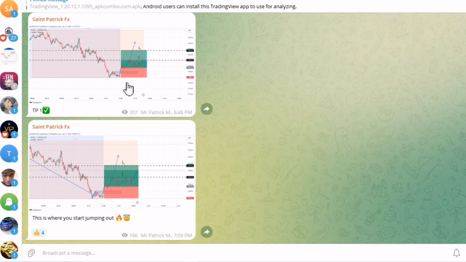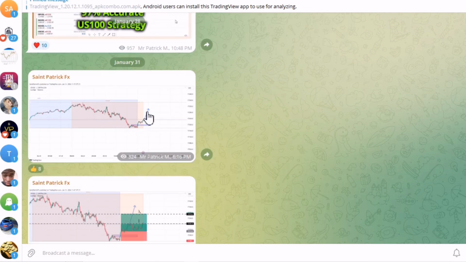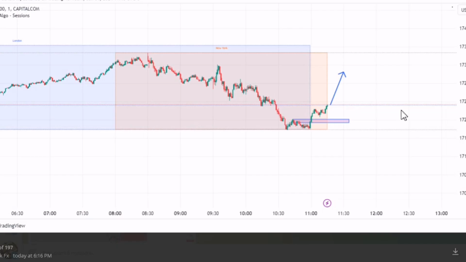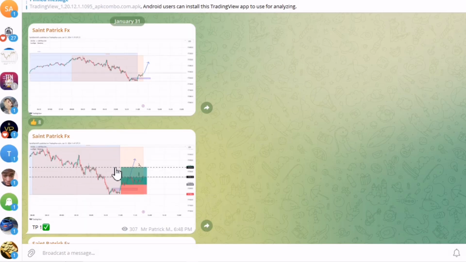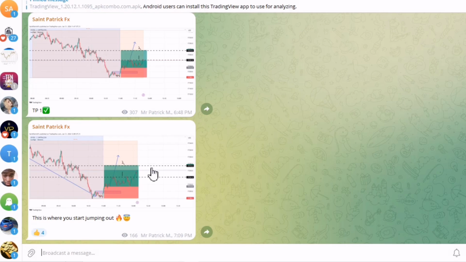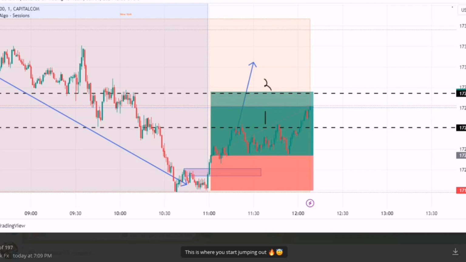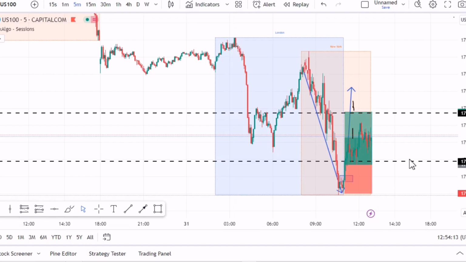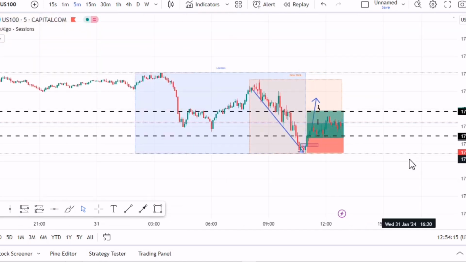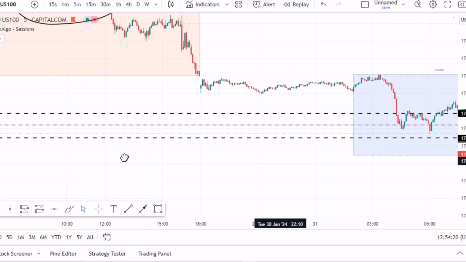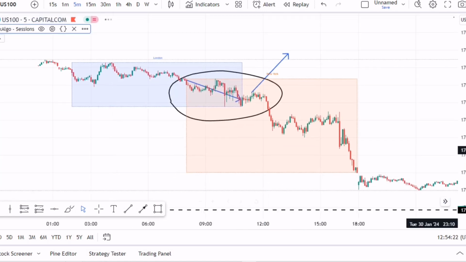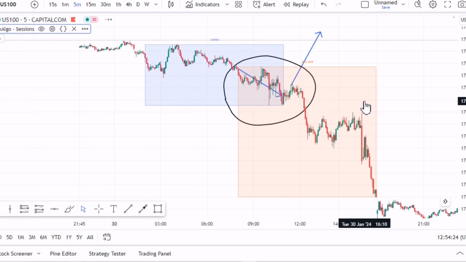If you are here in my Telegram group and then you saw me sending this and you didn't know how I came about this, now you should know what I did to get this. Okay, and then later on price started going in our direction. This strategy is best done on the 5 minutes time frame. So before I show you how to avoid this mistake, okay, remember this is why we are here today.